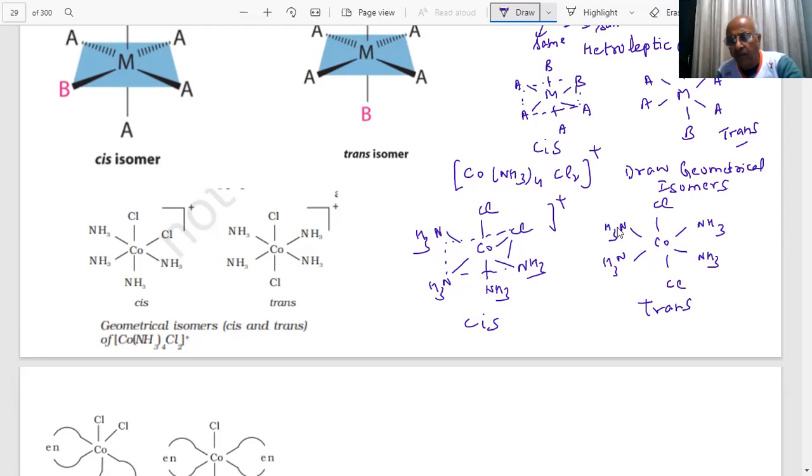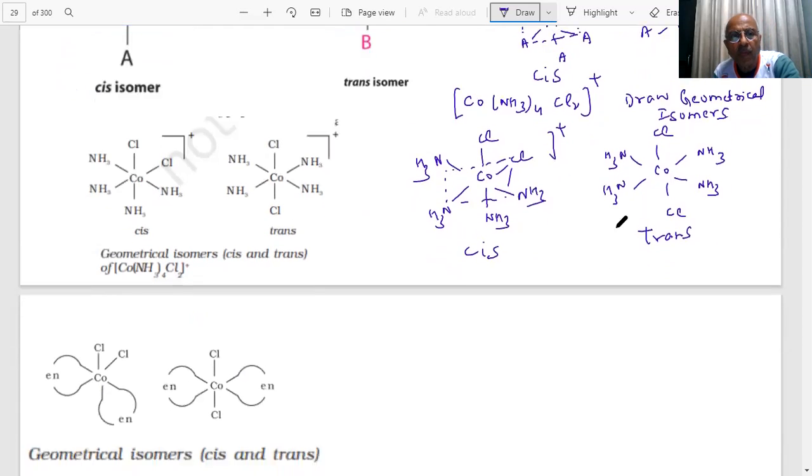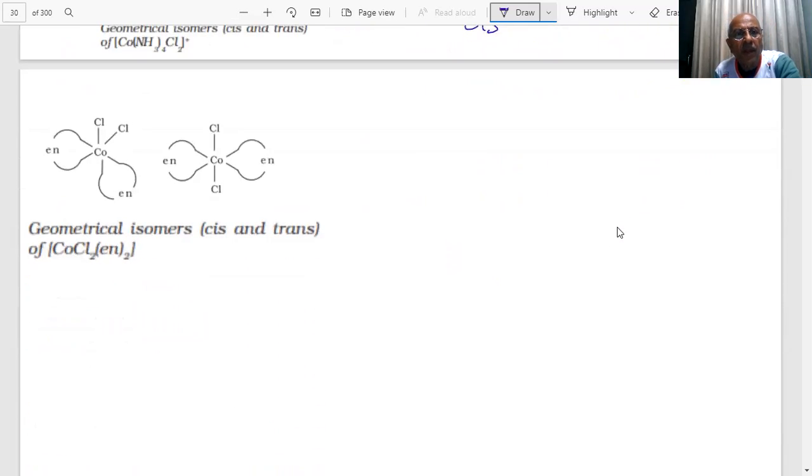Then I proceed further, students. If you have some bidentate ligand, for example, [Co(Cl)2(en)2], this en is a bidentate ligand, students.